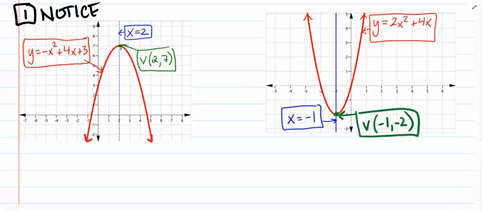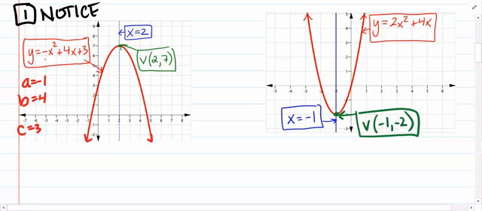Okay, so here's the first thing that I want to point out that you should notice. If I consider the one on the left-hand side, the value of a is -1, the value of b is 4, and the value of c is 3. I pulled those from right here: -1, the 4, and then the 3. Okay? So here's the deal.